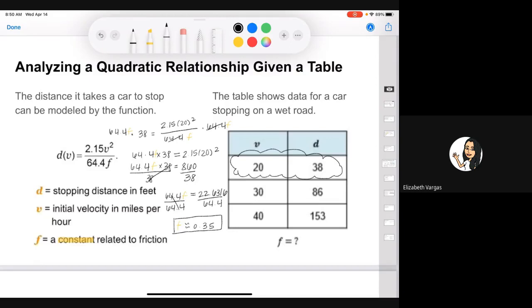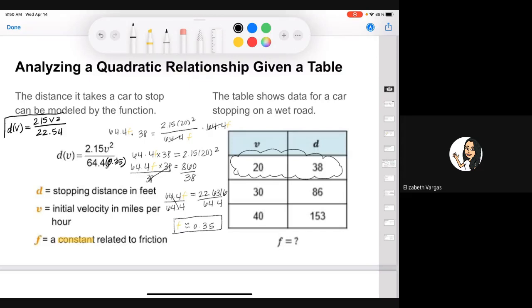So my new equation will be df dv is equal to 2.15 v squared 22.54, because now I'm actually multiplying it by the 64.4.